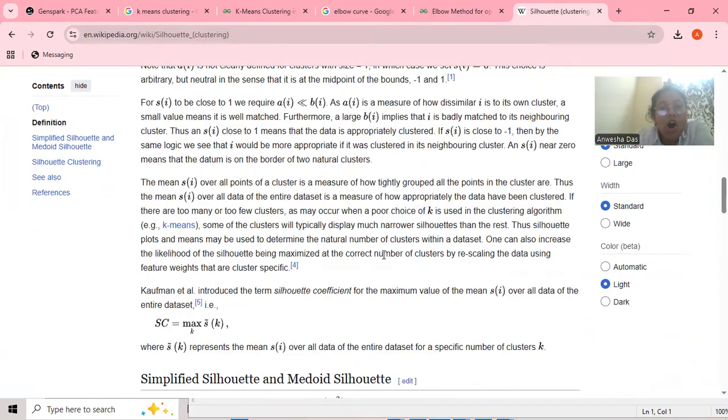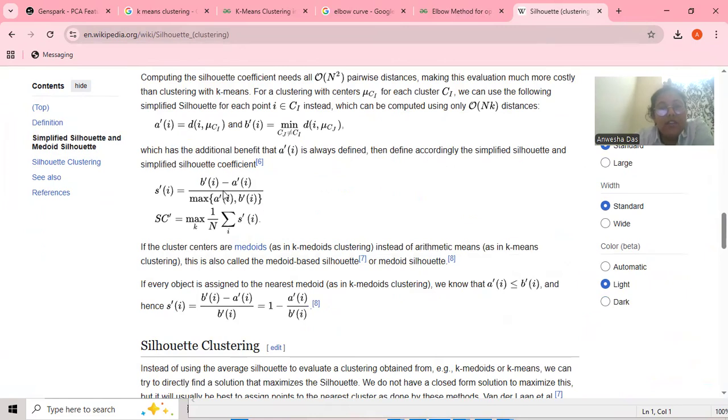And what is the formula of the silhouette score, guys? This is the formula: b(i) minus a(i), divided by max of a(i), b(i). What are a(i) and b(i)? Within a cluster, you calculate a distance.